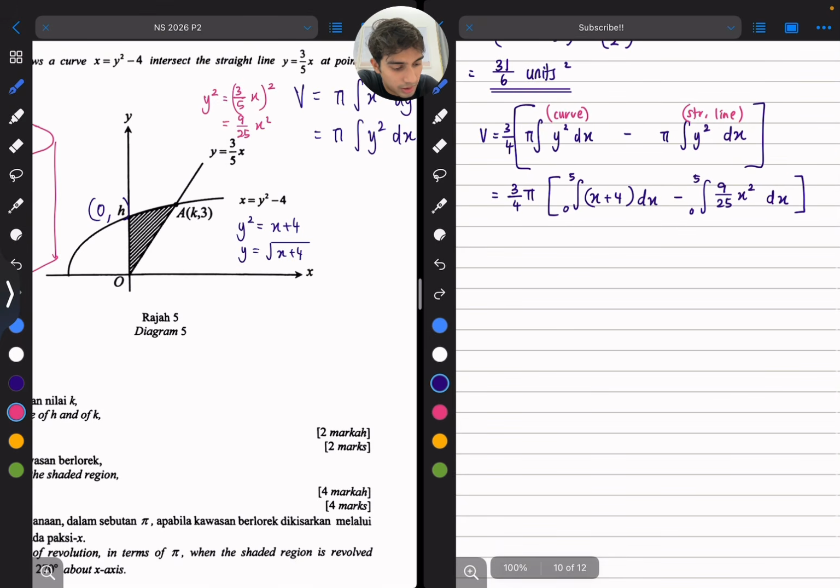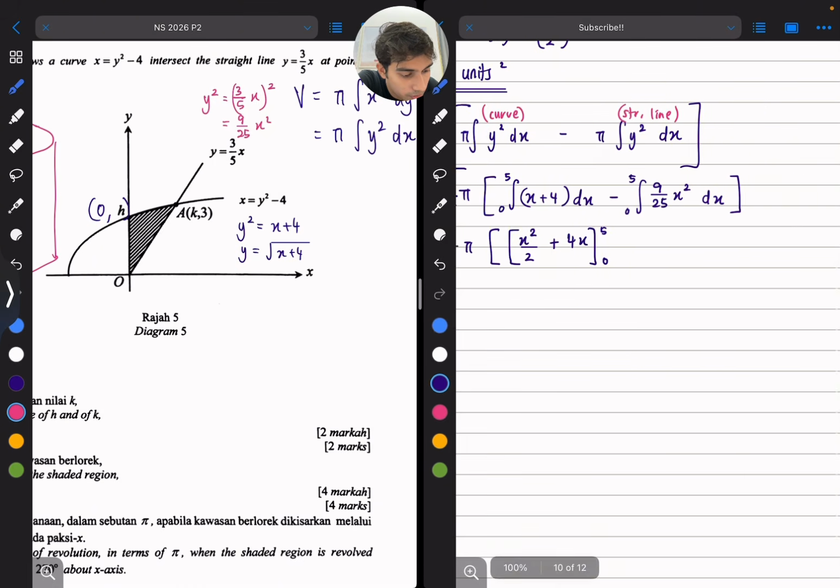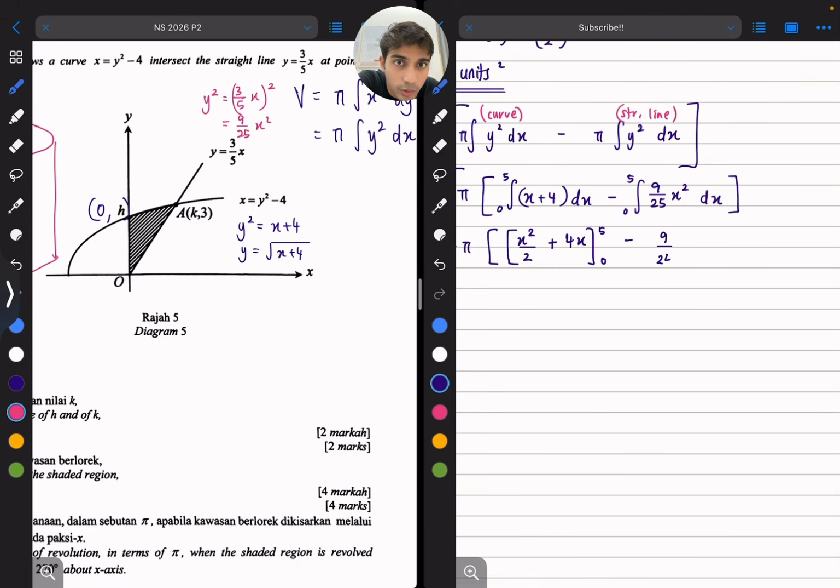Alright, so let's try to integrate this. 3 over 4 pi remains here. When you integrate x, you get x square over 2. Integrate 4, we get 4x. 5, 0. Minus 9 over 25. Here x square, we integrate, you get x cube over 3.